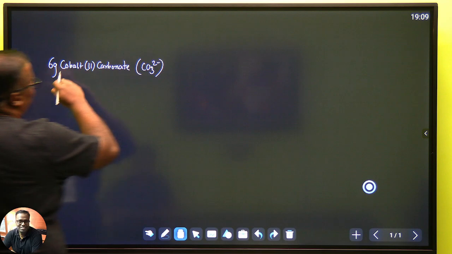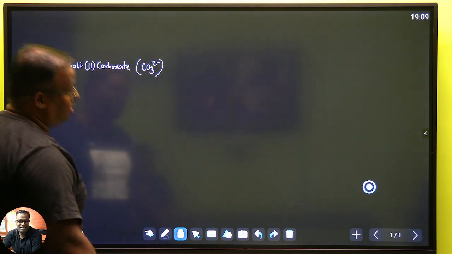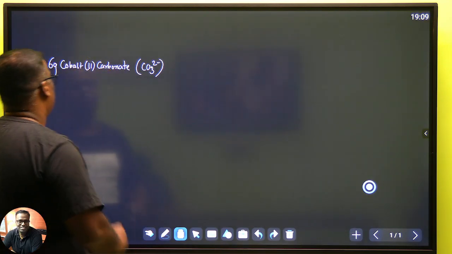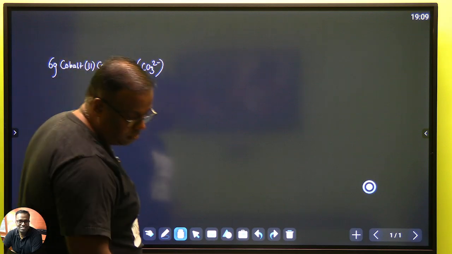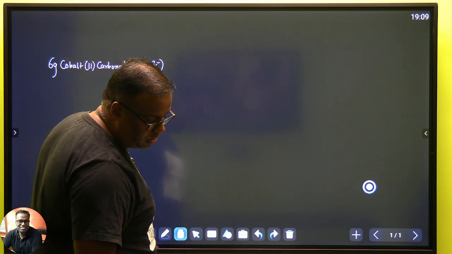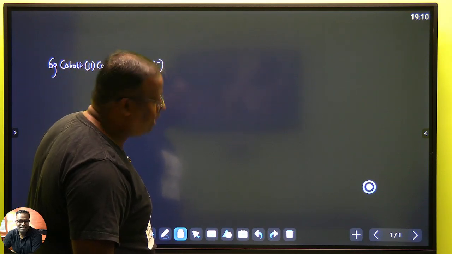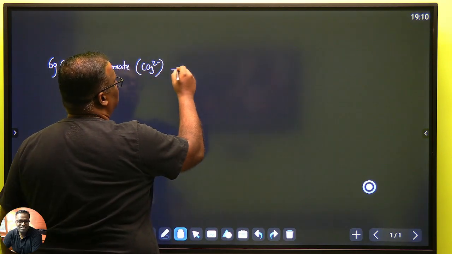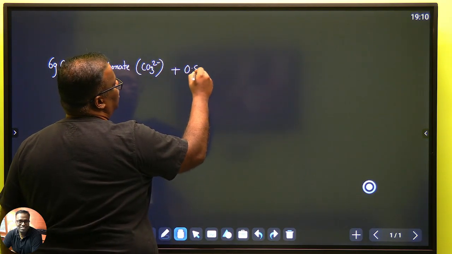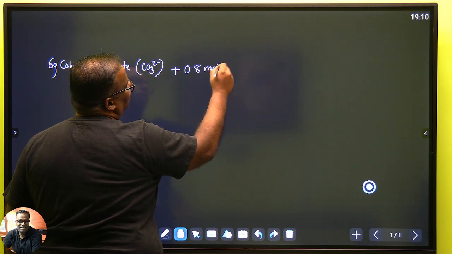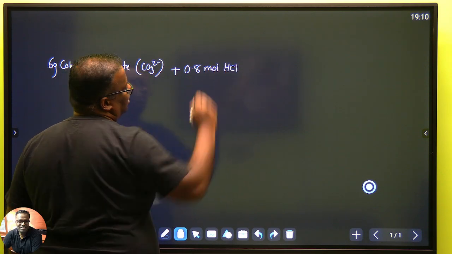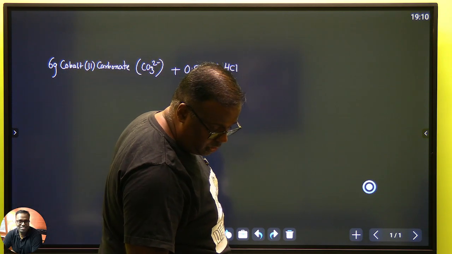That means when cobalt is combining with carbonate, its oxidation state should be +2. So 6 grams of cobalt(II) carbonate is reacted with 0.8 mole of hydrochloric acid.